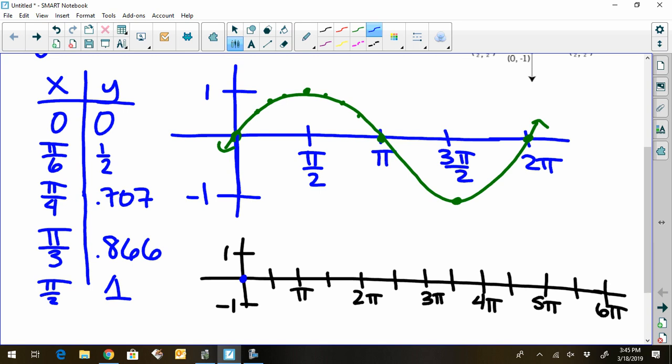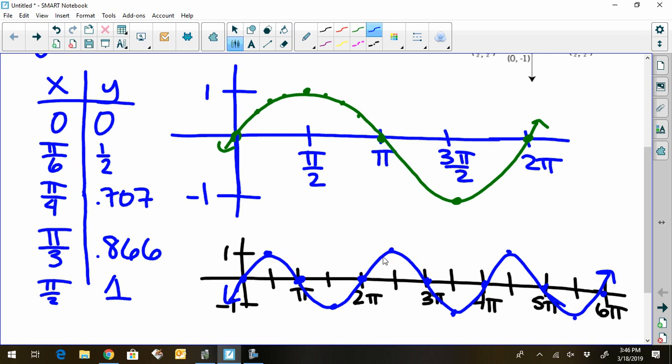We start at 0, at pi over 2 we're at 1, at pi we're at 0, at 3 pi over 2 we're at -1, and then we're at 2 pi. And notice how the pattern continues because we're going in that circle. And it still continues. So your graph won't have linear features. It'll curve throughout.